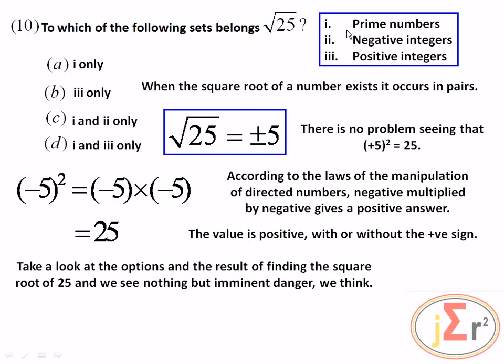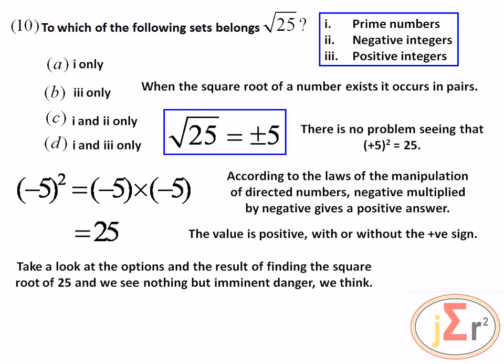And what do we have here for the options? We have prime numbers, the set of prime numbers, the set of negative integers, and we have the set of positive integers. So we are in for a showdown with the examiners, in which the examiners are convinced that their options are sufficient, and we are terrified that they may not have the correct option right there.